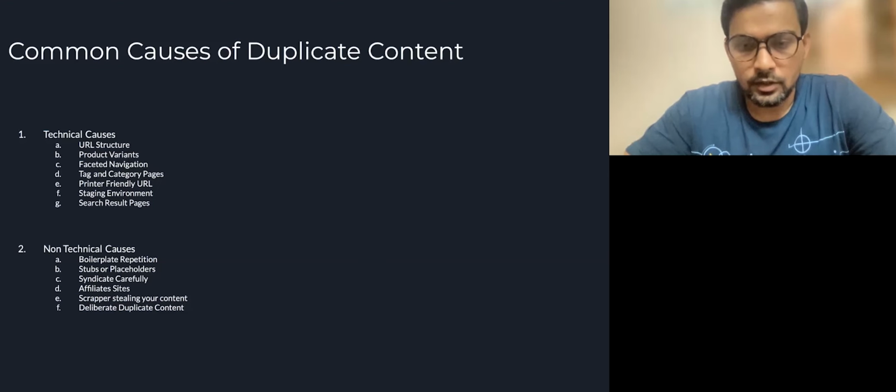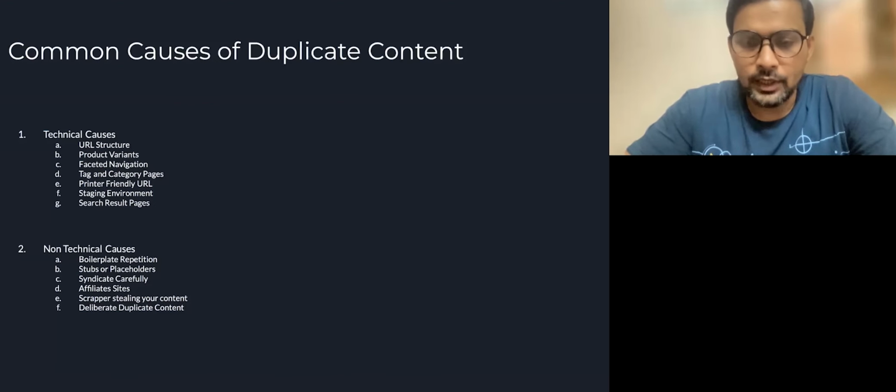So make sure to include a link to the original content in the syndicated version, or ask the sites publishing syndicated material to place a noindex so that Google ignores indexing their version of the URL.